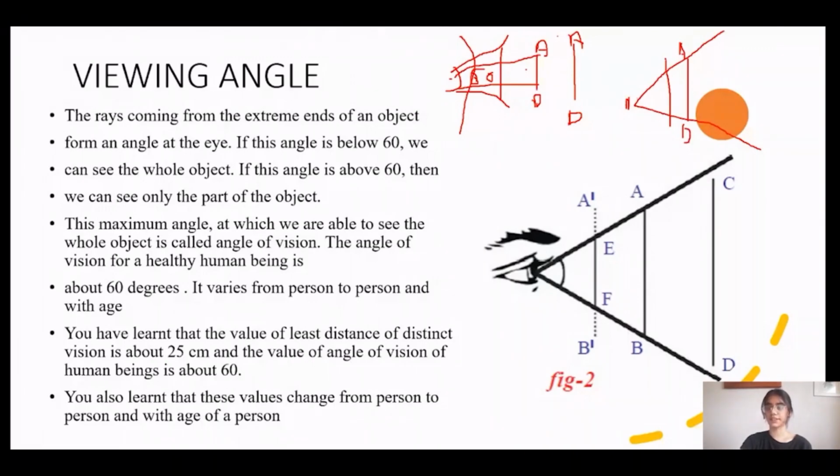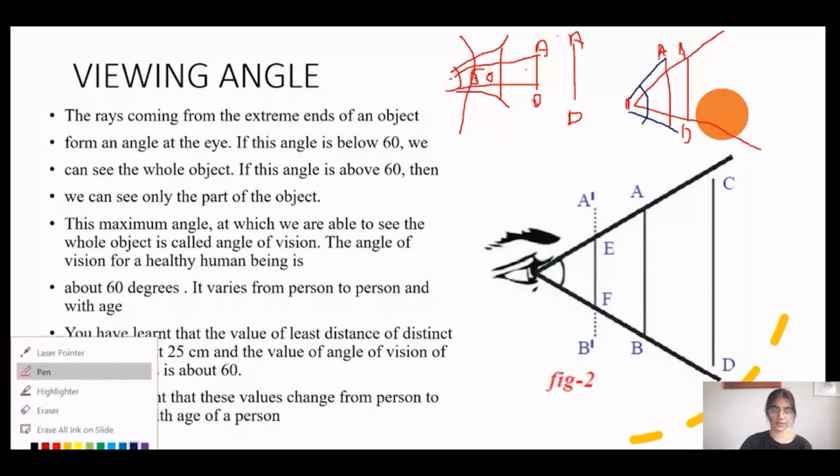Now if you bring this same object closer, this is the extreme end now. So let's draw rays from the extreme end. The black angle is greater than the red angle. So it is an angle which is above 60 degrees, and probably it measures somewhere about 80 degrees.